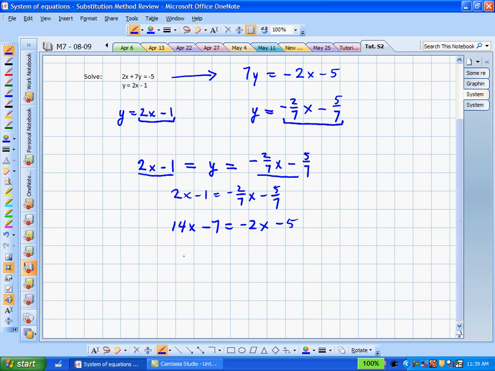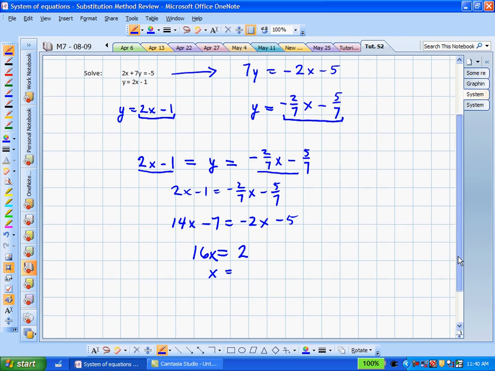So add 2x to both sides. 16x, and then add 7, equals minus 12? Oh, no, it's 2. You had 16x, right? So x equals 8.